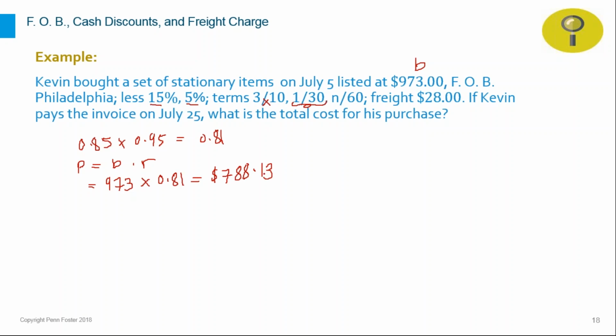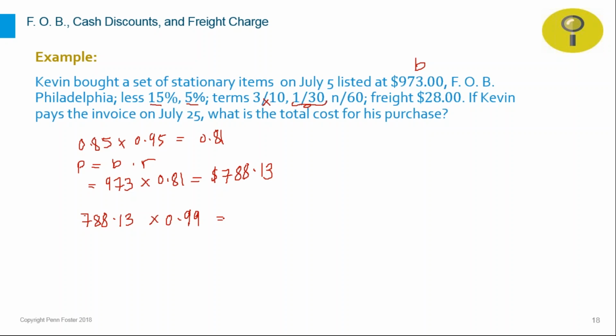So that is not it, because you still have 1% off because he paid within 20 days, which doesn't have a term for 20 days. So we're going to go with the 30 days. So 1% off this new tag price. I can do 788.13 times the complement of the 1%, which is 0.99.